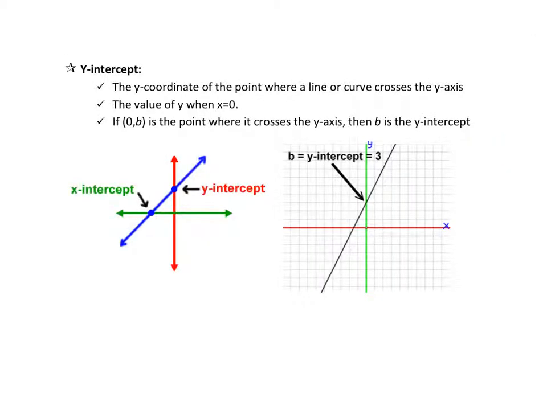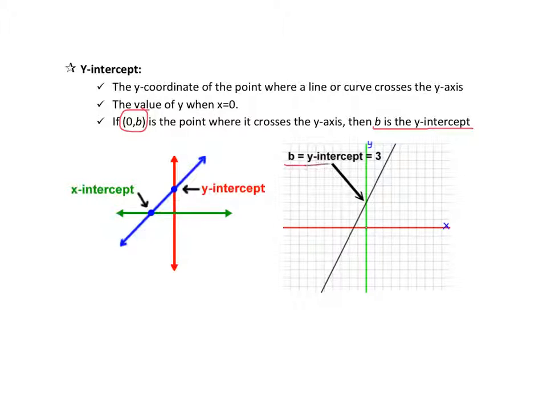We will also need to use the y-intercept to write the equation of our lines. The y-intercept is the y-coordinate of the point where the line crosses the y-axis. It can also be described as the value of y when x is equal to 0. If (0, b) is the point where the line crosses the y-axis, then b is the y-intercept.